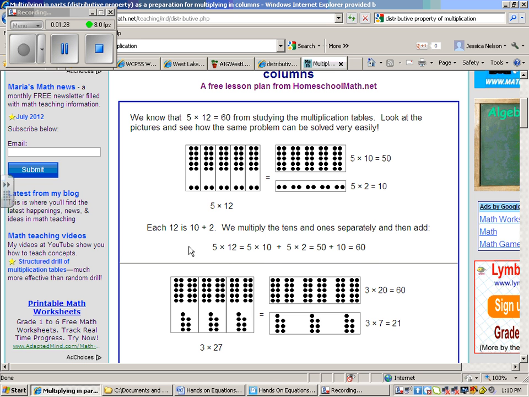So that's what is shown down here. Each 12 is 10 plus 2. We multiply the 10s and 1s separately and then add. 5 times 12 equals 5 times 10 plus 5 times 2, which equals 50 plus 10, which equals 60.